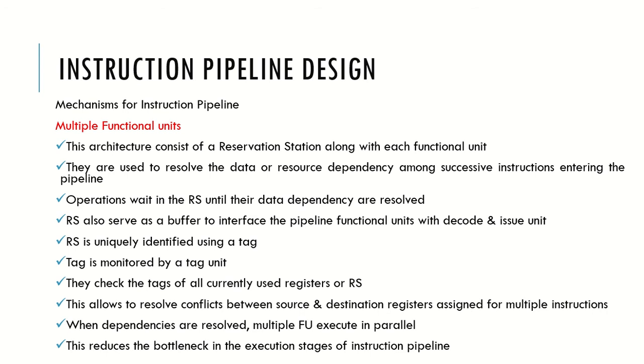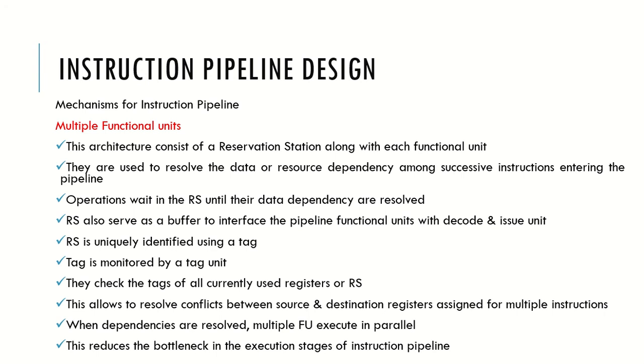About the multiple functional units, as I said, there will be a reservation station along with each functional unit, or each copy of the functional unit, and they are used to resolve the data or resource dependency among the successive instructions entering the pipeline. So what happens is, if there is a conflict, then the operations will have to wait in the corresponding reservation station of the unit to get executed.